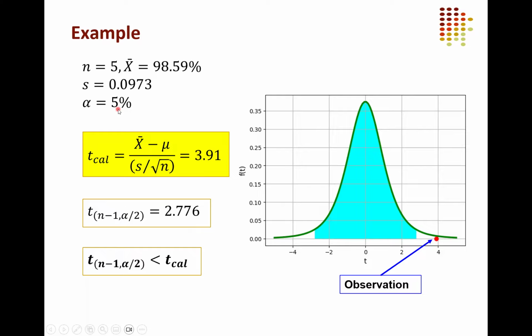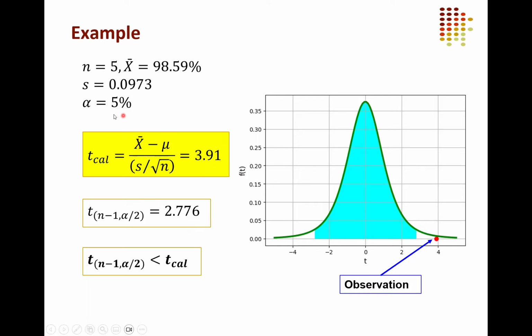So we will calculate the t-calculated value. It's 3.91. Since we are looking for the variation in accuracy, as the statement suggests, we would like to compare with the t value.